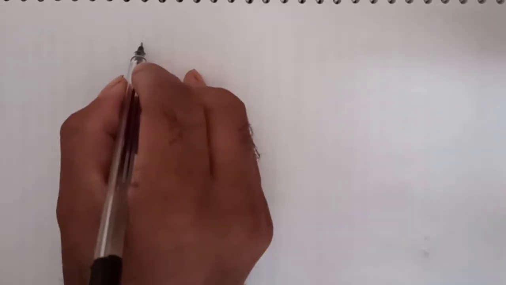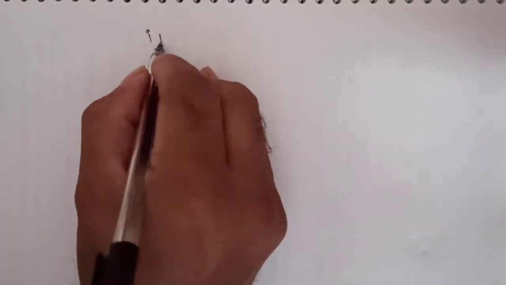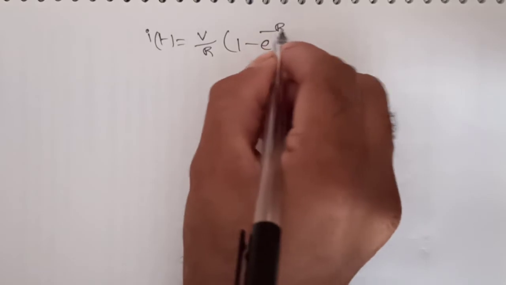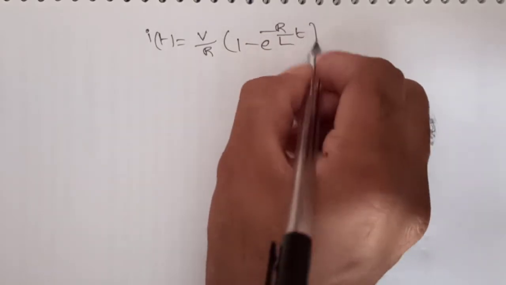Now let us see the different stages of this equation by taking the t equal to 0 instant and t equal to infinity instant across resistors and inductors. Now we got the equation I of t is equal to V by R into 1 minus e power minus R by L into t.